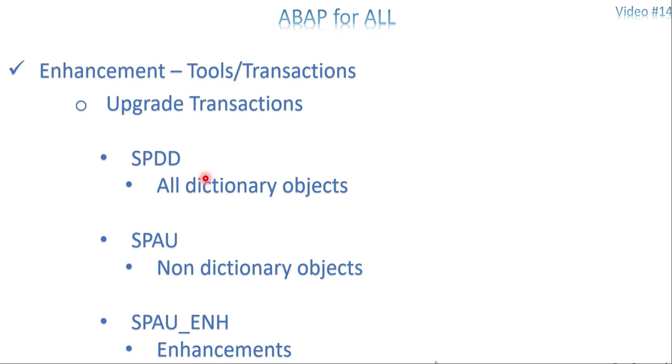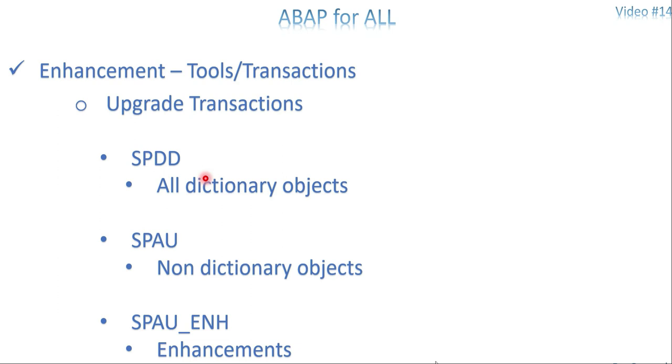One red scenario is that the enhancement spot might be deleted. There is a BAdI implementation, but the BAdI is not available in the newer version, so you have to take a call on how you're going to achieve it. There is also one more color, gray. These different colors reflect the status of the object.